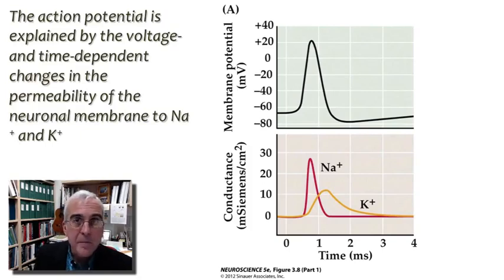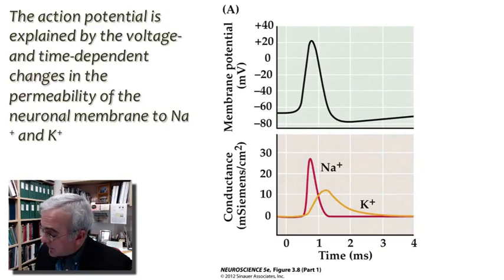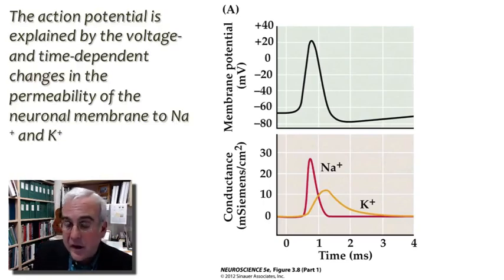And the conclusion of such a thought process is that the action potential is indeed explained by the voltage and time-dependent changes in the permeability of the neuronal membrane to potassium and to sodium. Now let's look first at the sodium conductance and how it's aligned to the action potential.